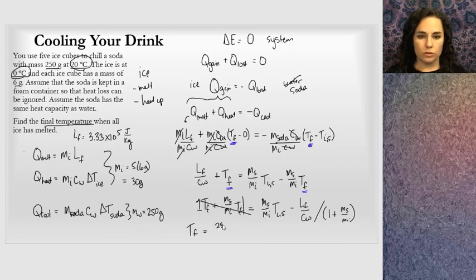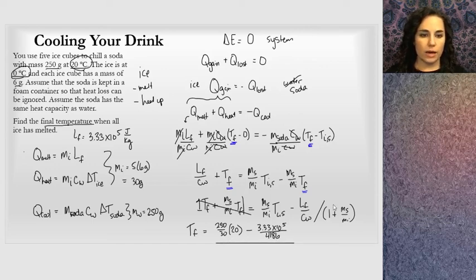So I have 250 over 30 times the initial temperature of the soda, which I know is 20. Initial temperature of soda. I'm going to subtract off LF over CW. So I have 3.33 times 10 to the 5th, and I'm going to divide that by the specific heat of water, which I know is 4,186 joules per kilogram.